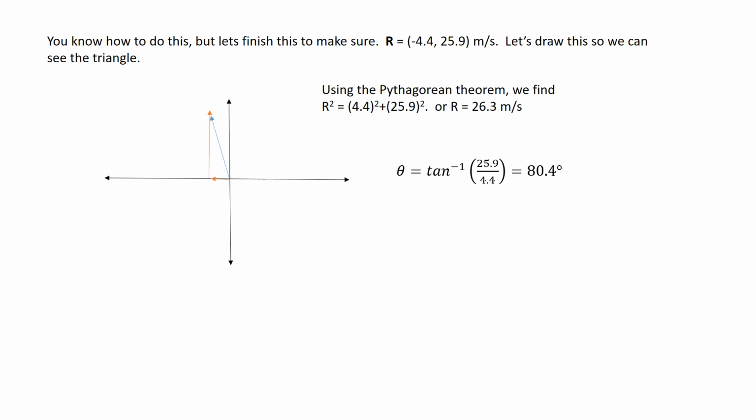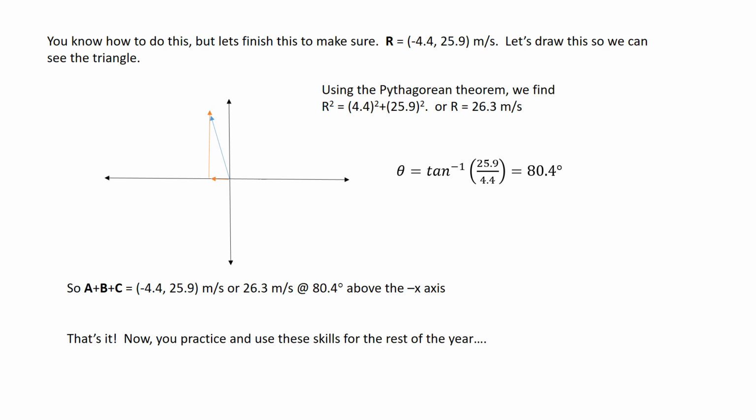Theta is going to equal the opposite over the adjacent, so it's going to be the inverse tangent of 25.9 over 4.4. That's 80.4 degrees. So when I add my vectors together, A plus B plus C is going to either be minus 4.4, 25.9 meters per second or 26.3 meters per second at 80.4 degrees above the negative x-axis.